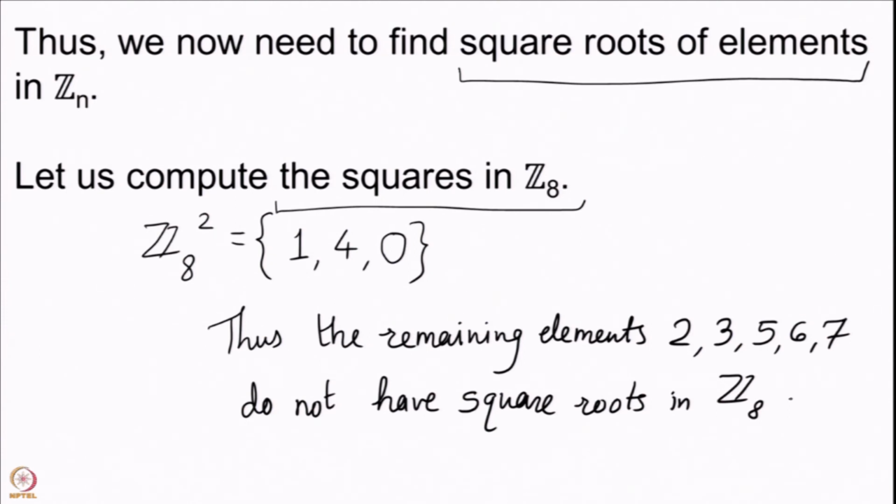So, actually our elements 3, 5 and 7 these are units. Even for units we do not have square roots. The elements which are non-units, 2 and 6, we can understand them not having square roots in some way, but we would like to at least understand which of the units have square roots. So, this is something that we would now like to do.